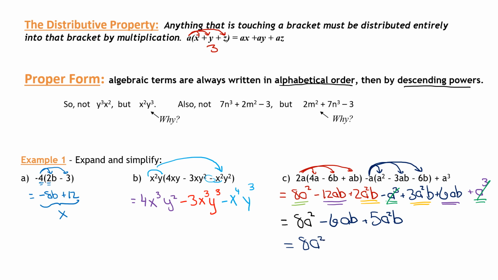And then after it, we're going to add on the 5a squared b, because it also has an a squared, which is the highest power right now, but then it's got a b on it, which brings it down the alphabetical order by a notch. Then after that comes the 6ab, because that a only has an invisible exponent of 1, so it falls after the other two.